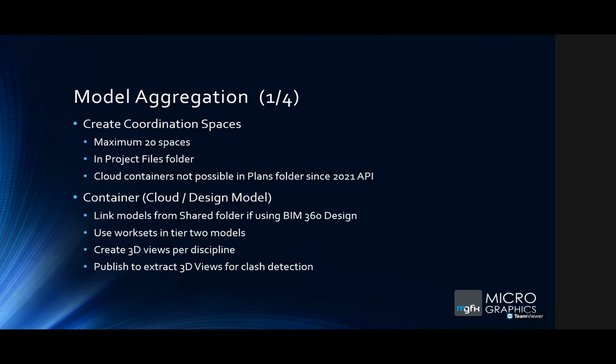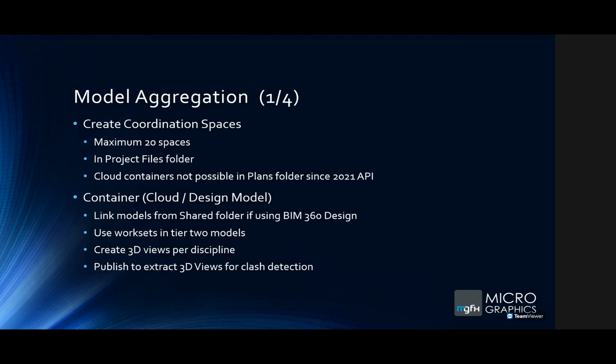So model aggregation, how it works in BIM 360 is once you've subscribed to the service, one would create coordination spaces. Currently, there's a maximum of 20 spaces, and we can now create them in the project files folder. So this came about, I would say, in the most recent version of Revit 2020 in the API, Revit 2021.